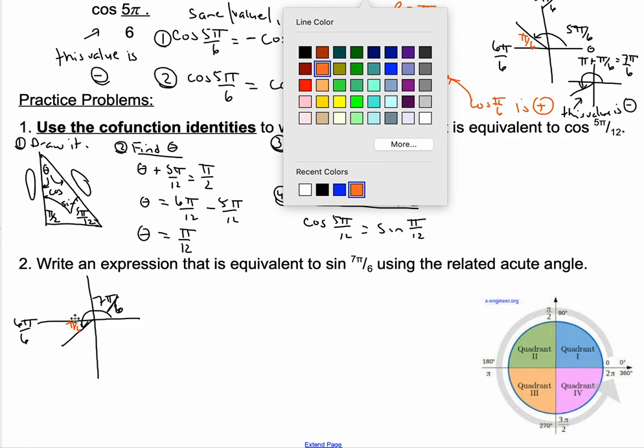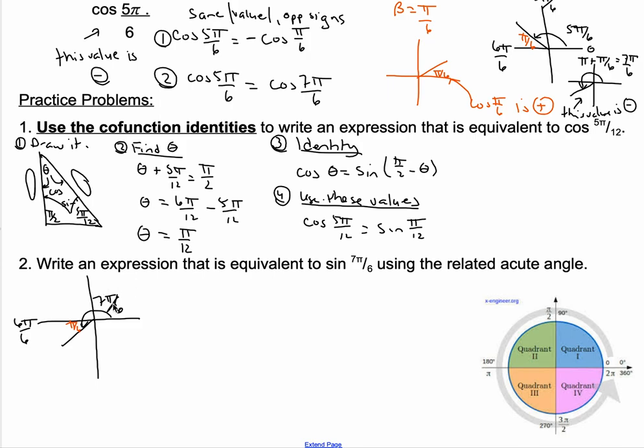And you can draw that in any quadrant that you'd like. And again, I tend to default back to the first one, but I know that over here, sine is negative because y is negative, and up here, sine is positive. So the easiest way to go for me is just to say the sine of 7 pi over 6 is the opposite of sine pi over 6.